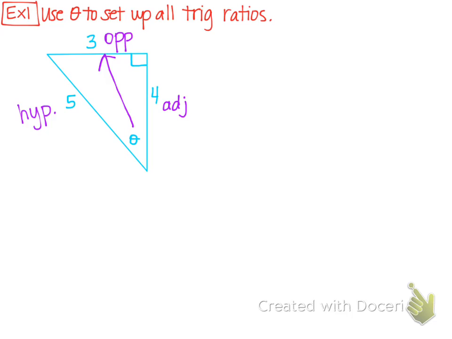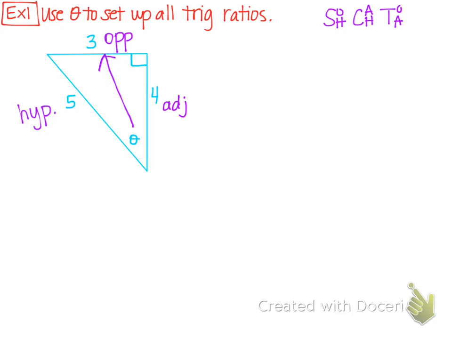So I'm going to come up in the corner of my page, and I do this even when I'm solving problems, and I'll write my abbreviation, SOHCAHTOA. And you need to have that memorized because it's not given to you on the test. And you're going to use it so much in the future that it's easy to go ahead and commit it to memory now. So the first thing we want to figure out is what the sine ratio is.